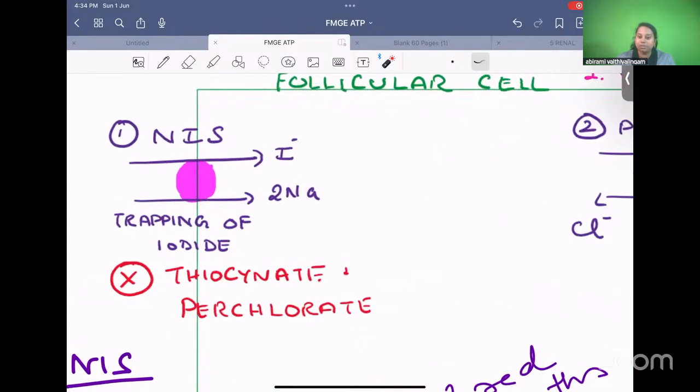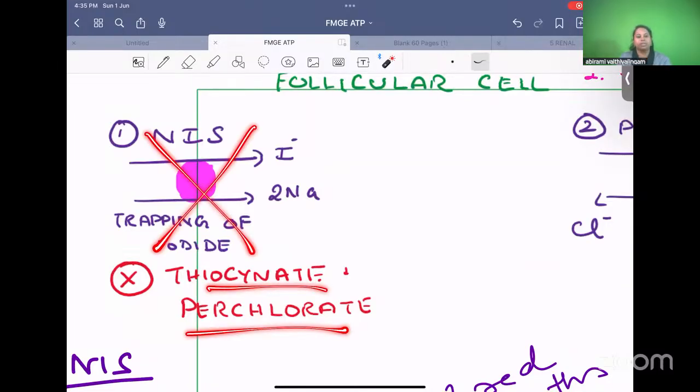So what is hyperthyroidism? Yes, very good, Sonal. Excessive levels of thyroid hormone. You want to control the levels of thyroid hormone, so you give thiocyanate and perchlorate. They will block this sodium iodide symporter. They will block the trapping of iodide. If you block the trapping of iodide, thyroid hormone synthesis will come down. So simply, they are all anti-thyroid drugs.